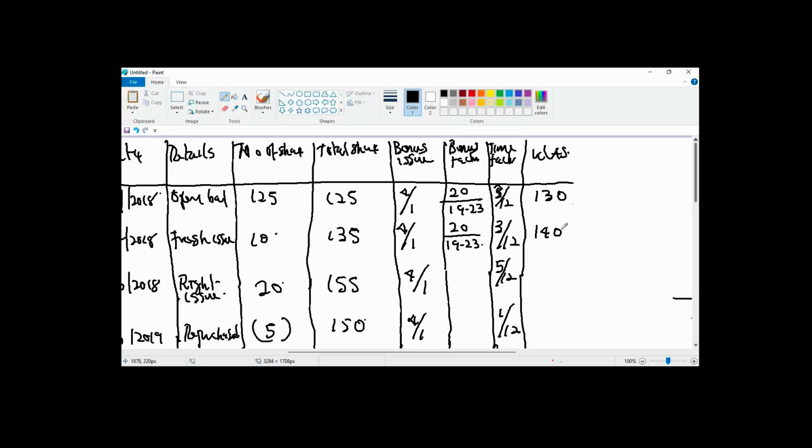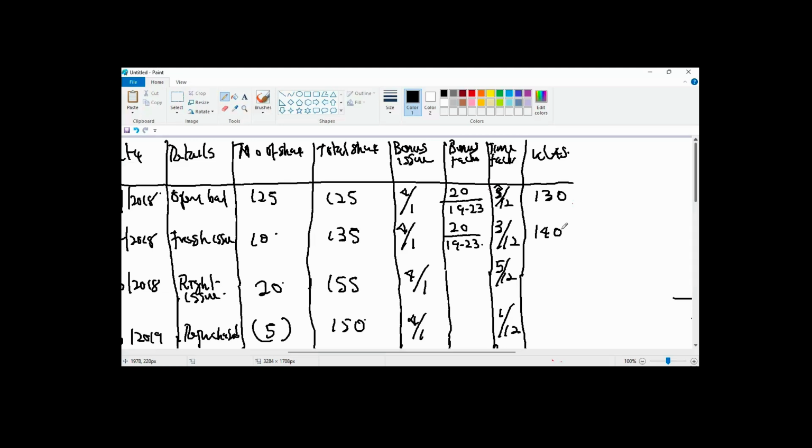Hello, sir. That first one is 129 point something, so I don't know unless he rounded it up. I got 130. 130 is correct as per my calculator.